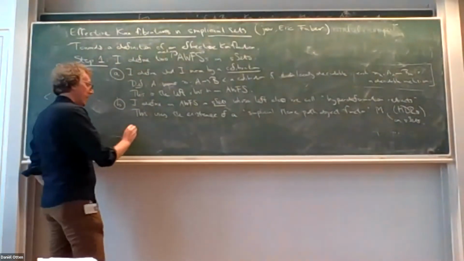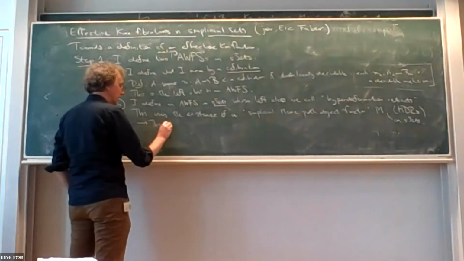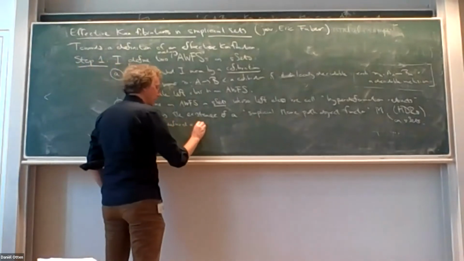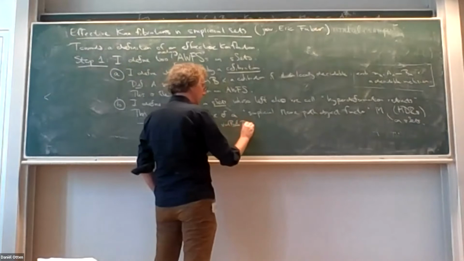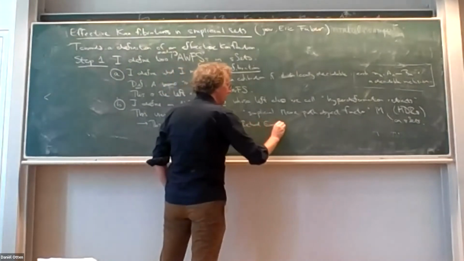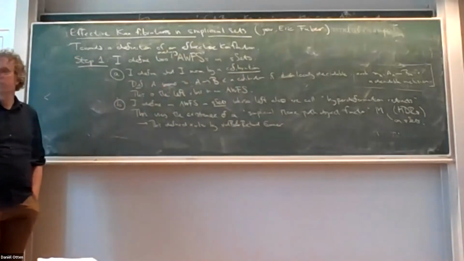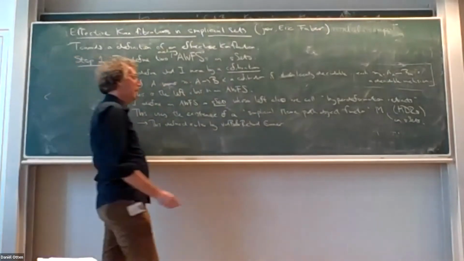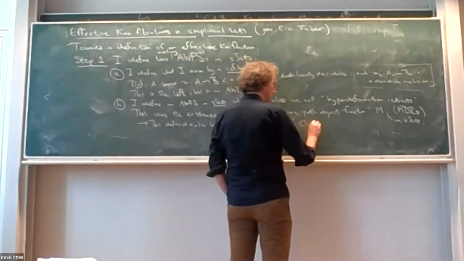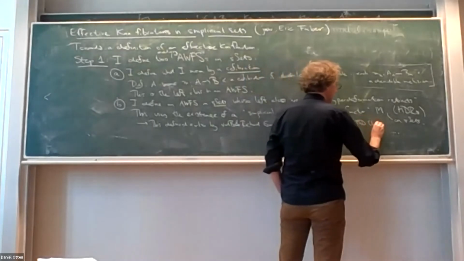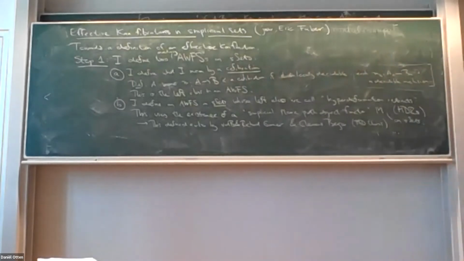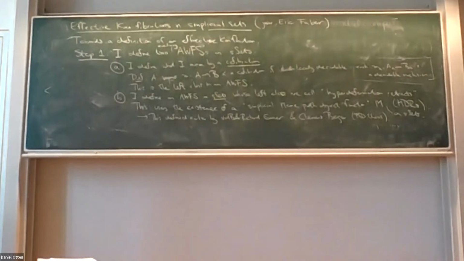This object, this M, was defined earlier by myself and Richard Garner in a paper. And actually, it turns out that it was defined before us in a paper by Berg. So let me see, how much time do I have to explain what it is?